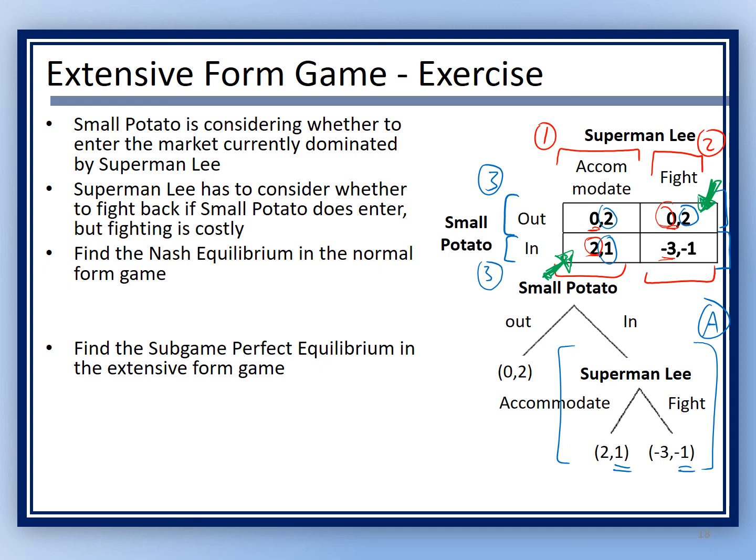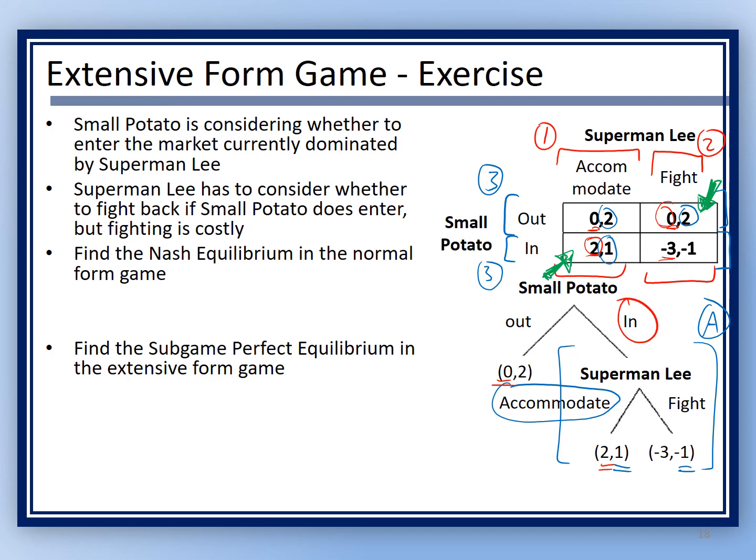Yeah, let me check. Right, that's correct. 1 versus -1, so Superman Lee is going to accommodate. If Superman Lee accommodates, Small Potato would obviously be better off coming in than staying out, so he's going to choose in.